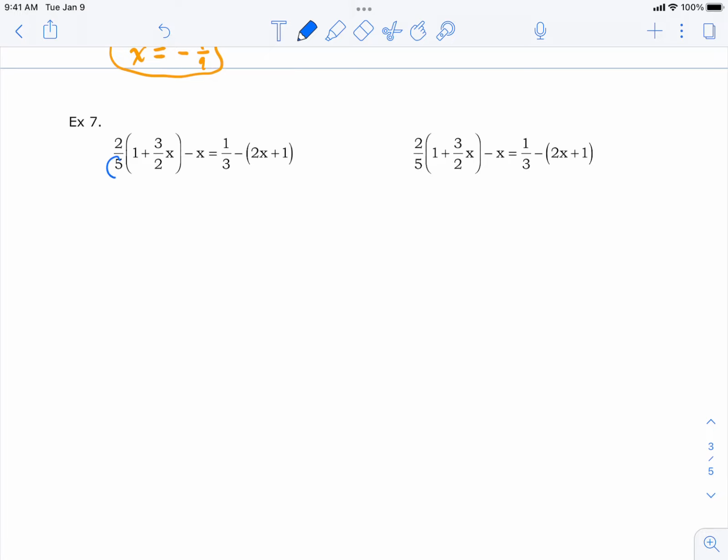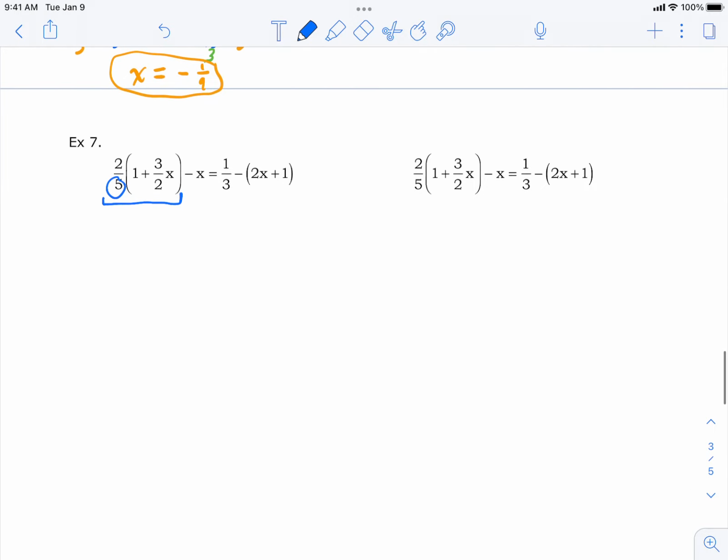I see a 5. Now remember, this is all one term right now, so I'm just looking at the 5. I got a 3. Okay, I should make a common denominator of 15. Well, if I want to do it that way, this will be times 3 times 3. This is 6/15ths. And then this will be what it is, 1 plus 3/2 x minus.